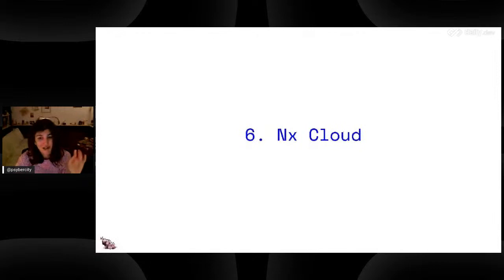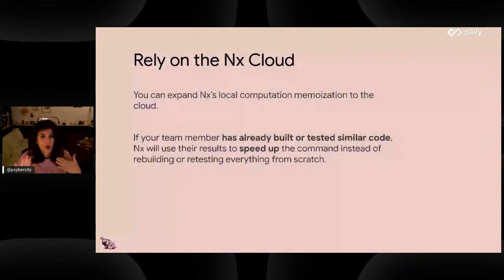And you also have Nx Cloud. Apart from the dependency graph and everything else I mentioned, Nx also offers the Nx cache. You can expand Nx local computation memoization, that is the local cache, to the cloud. This is quite amazing.